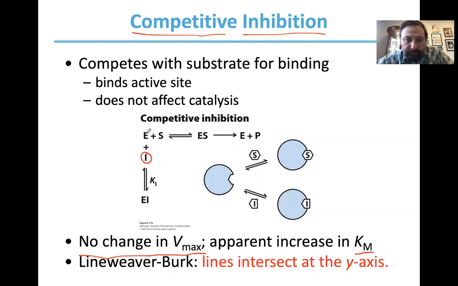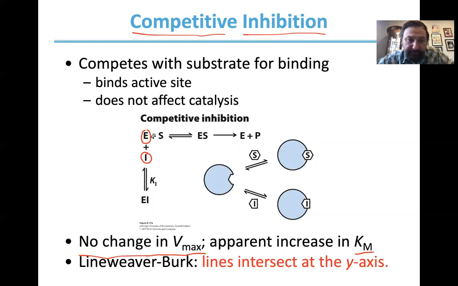There are fewer sites available on the enzyme for the substrate to bind, because the inhibitor is occupying them. The enzyme is taken away by the inhibitor to form the inhibitor-enzyme complex. So the substrate doesn't have that many sites left on the enzyme.